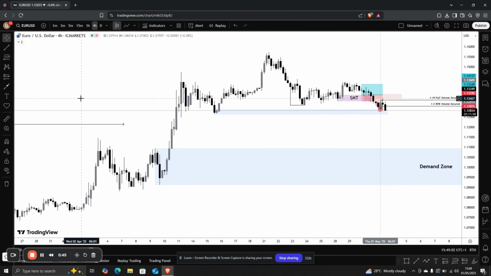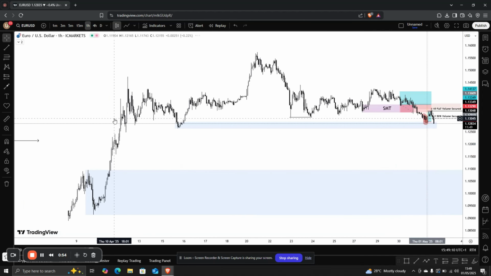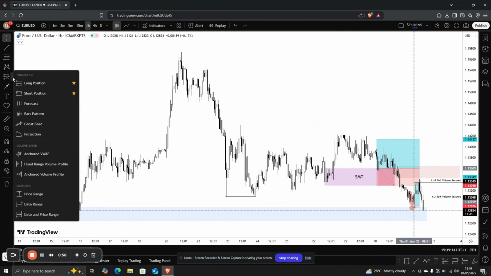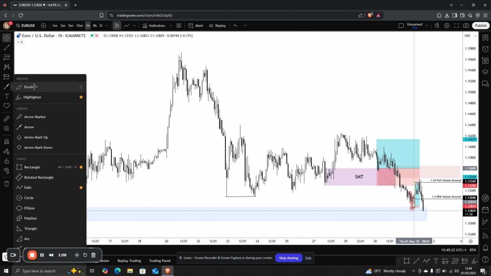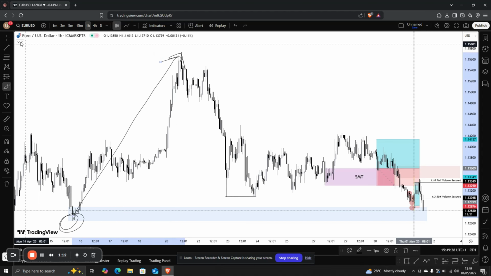So here on the 4 hour, the immediate leg that I was looking at going into this session. So cool, let's go into the 1 hour. The immediate leg that I was looking at, that was my main focus, was this leg over here, from this low here, which created this high.